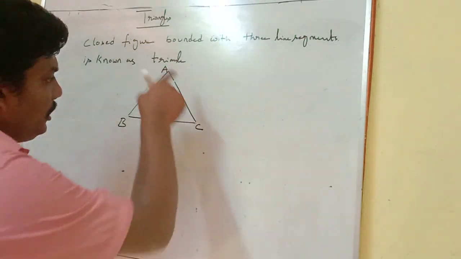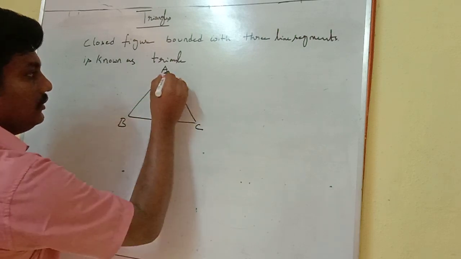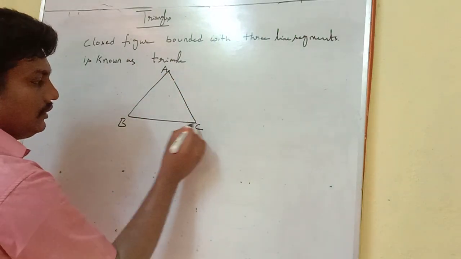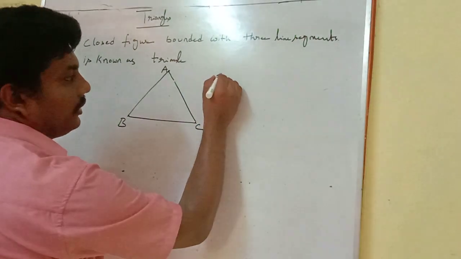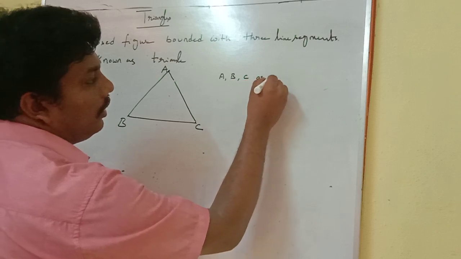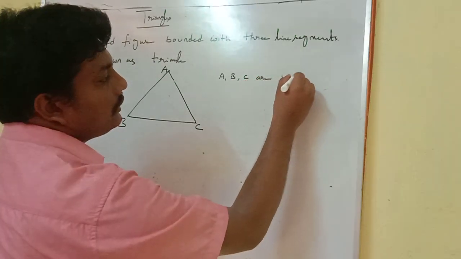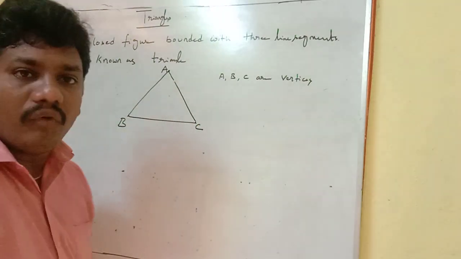In each triangle, where two line segments are joined, these joining parts or corners are known as vertices. A, B, C are vertices.